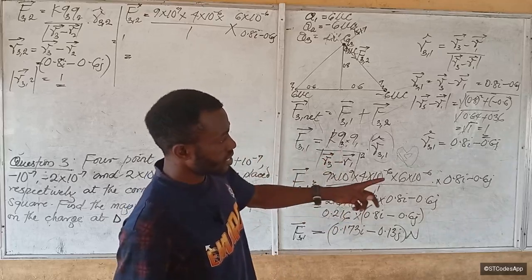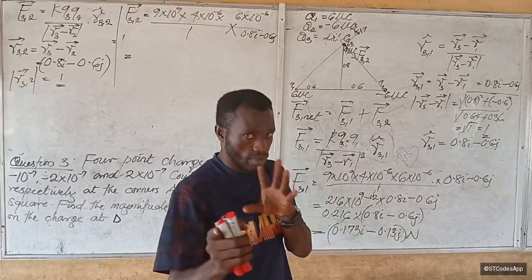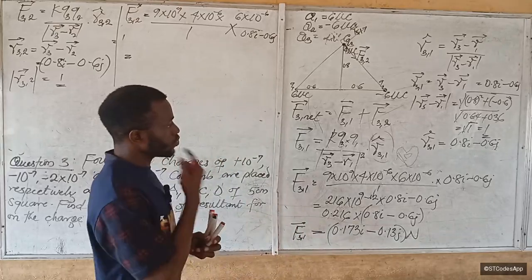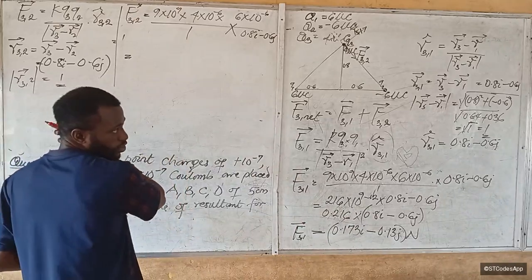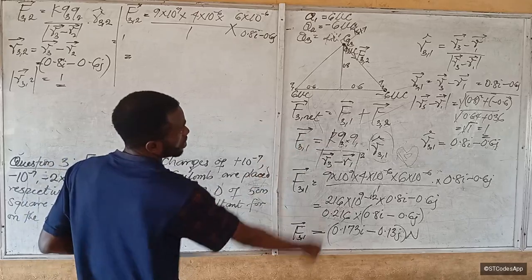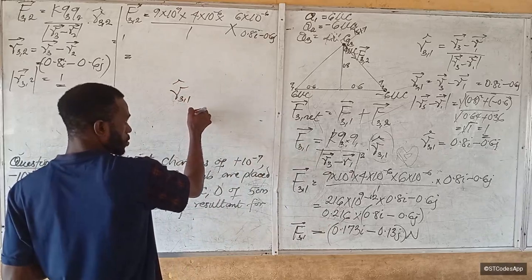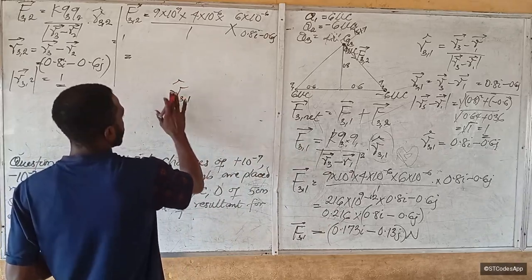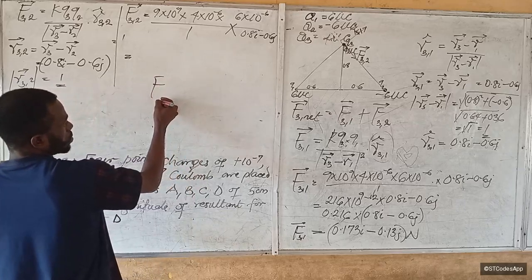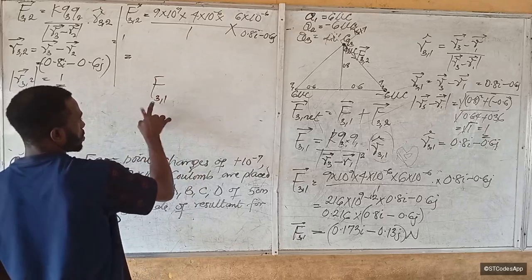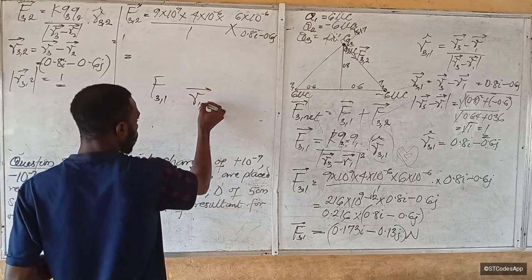For what I solved in my book, that was what I wanted to explain the other time. You know that I said the position vector for 3, 1, for example, R31, the force on 3 due to 1, the position vector will be 1, comma 3, right?